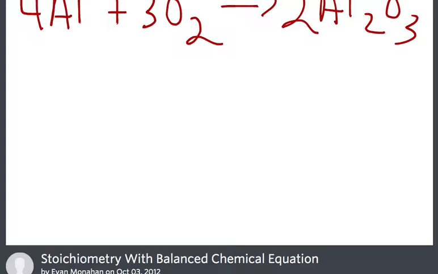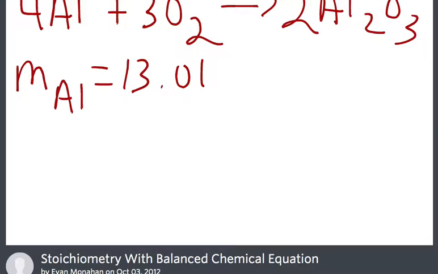Okay, and what we've been given for this question is that the mass of aluminum is equal to 13.01 grams. That's what we know.